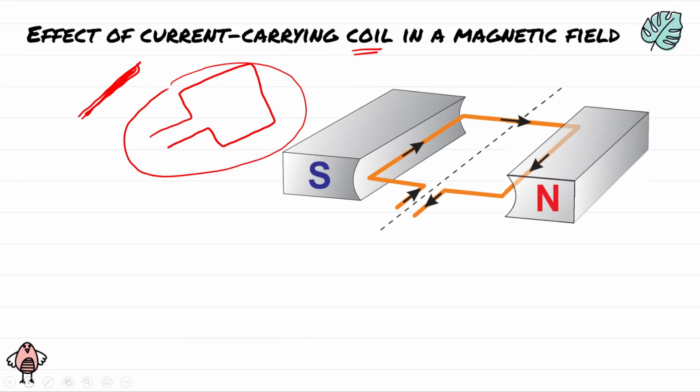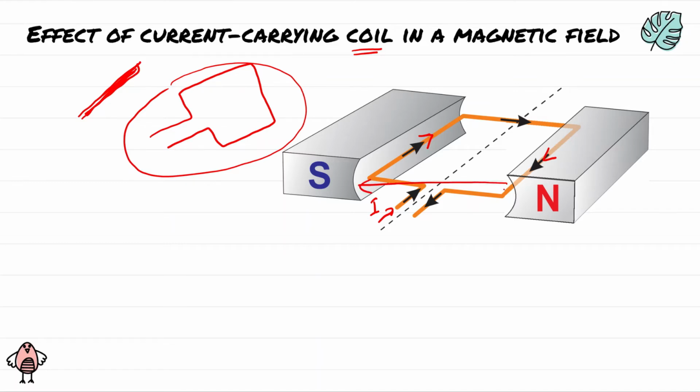Ni contoh dia lah. Kita ambil coil, kita letak dalam magnetic field. Yang ni current flow. Okay, ni I. Yang hitam punya arrow ni adalah current flow. Okay, so part ni current flow ke depan, part ni current flow ke belakang atau ke bawah. Magnetic field macam biasa, north to south.